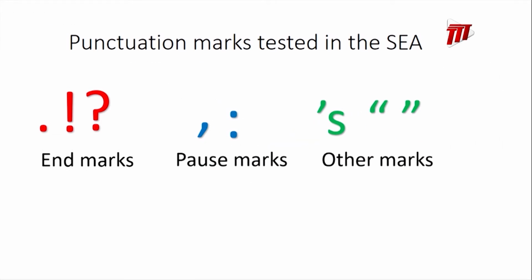So you have your end marks, as I said, full stop, exclamation point, question mark, your pause marks, which would be your comma and your colon, and other marks which include your apostrophe S and your quotation marks.